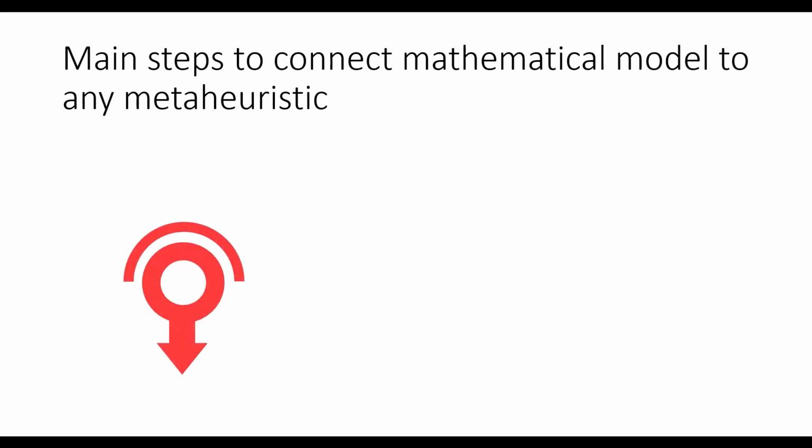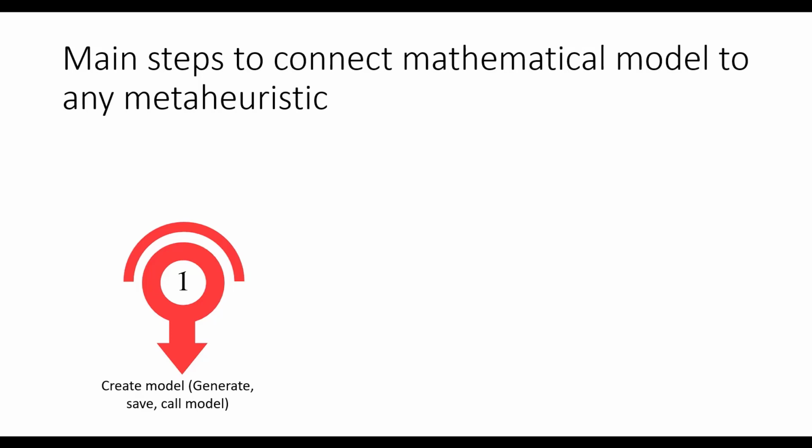So we have 5 steps, and the first one is to create a model, and we have to generate, save and call the model. As you know, for any optimization problem, we have some parameters. So we have to generate a model that will use these parameters.